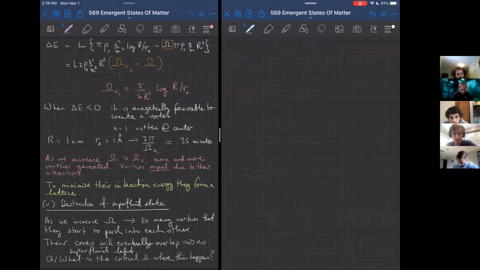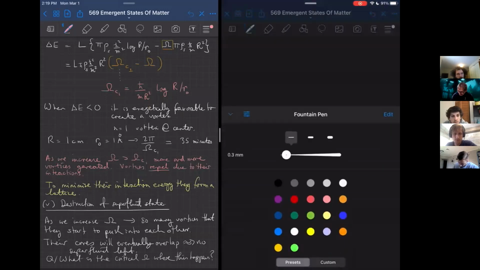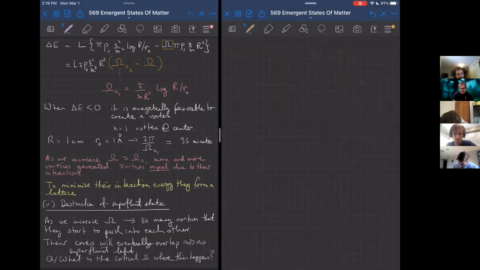So let's calculate that, and the way we're going to do it is we're going to calculate the number of vortices per unit area, and then we can find the mean separation between vortices, and then we can see when that mean separation is of order the core size. And from that we can then find the mean separation.